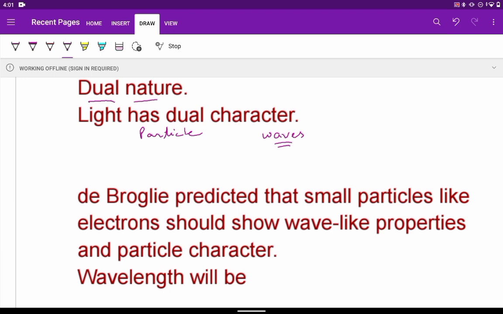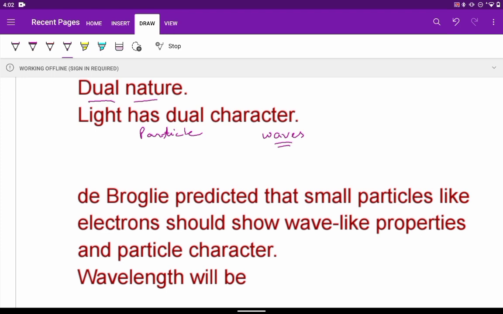So you see two characters. Dual means two, so dual nature includes particle nature and also wave nature.